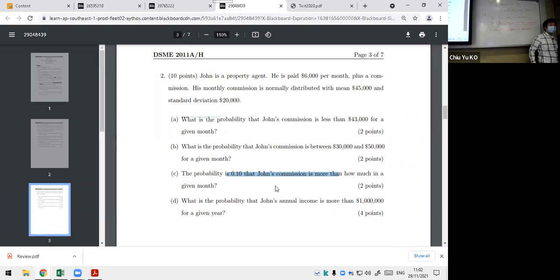Is that okay? Is there any question? Then asking you this amount, which is the standard way to do it.